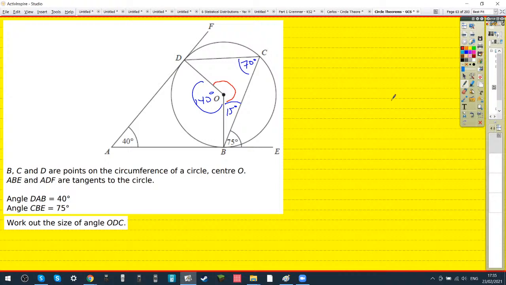70 add 15 is 85. So how would you get the one on the other side? You do 360, take away 140. Yeah. And the answer is 220. So that's 220. And so now we have 3 of the 4 angles.